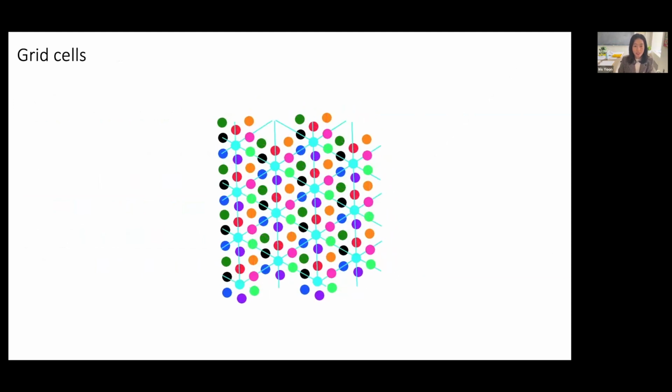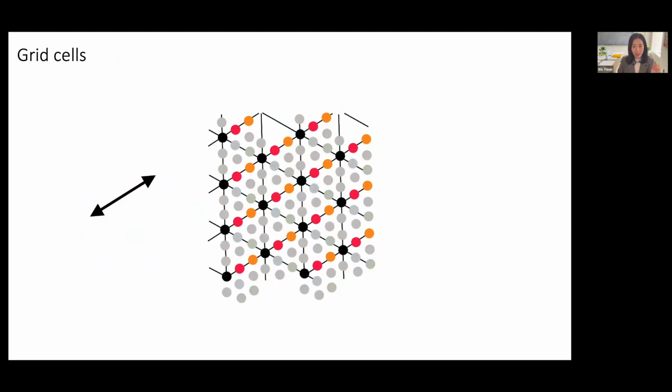Then the idea is that if you think about, let's say, just looking at one independent direction, like one-dimensional line, you can see that there is a repeat of grid cells that would fire as you move along this one-dimensional line, right?